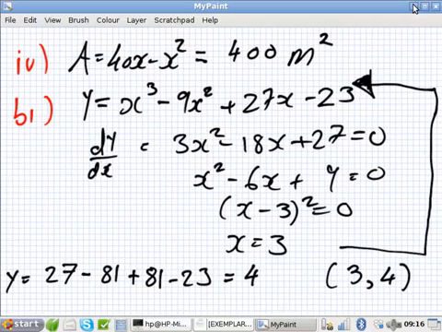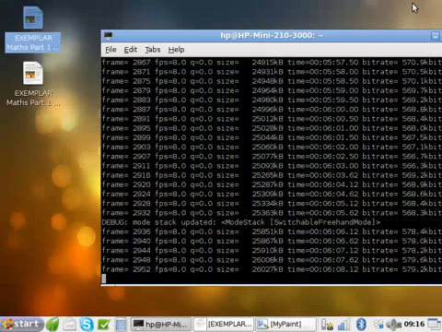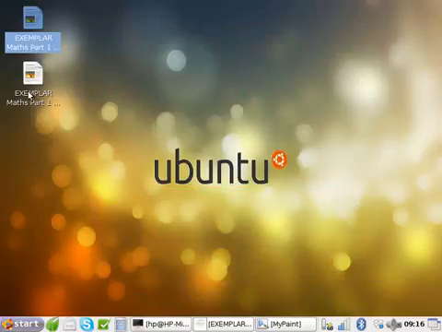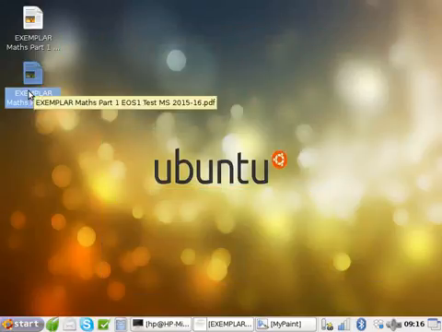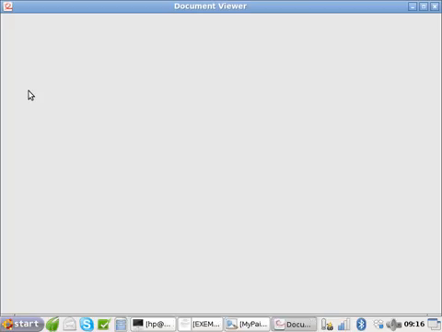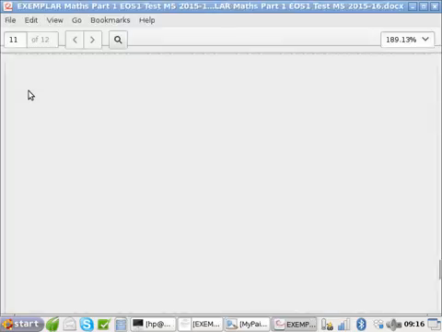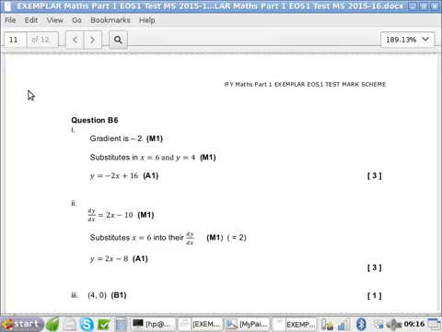Or if they didn't make a mistake, they're asking you something which is not really something they should be asking you. So point of inflection is, does anyone remember? Second derivative is 0. But that's only true if the first derivative is not 0.